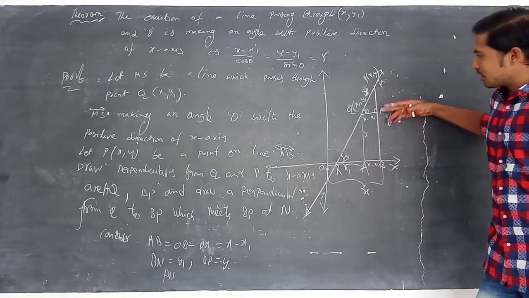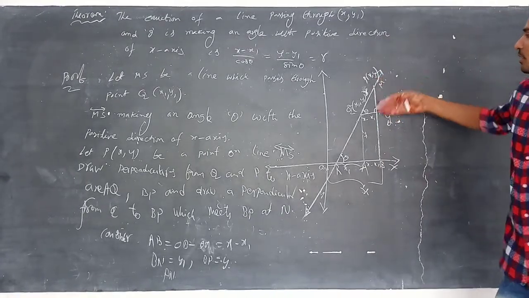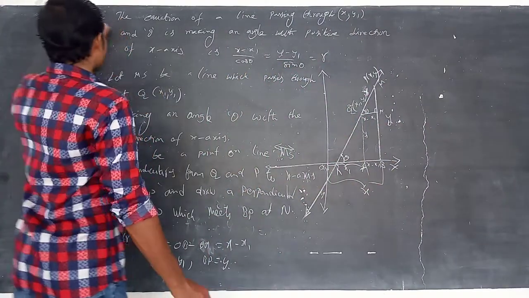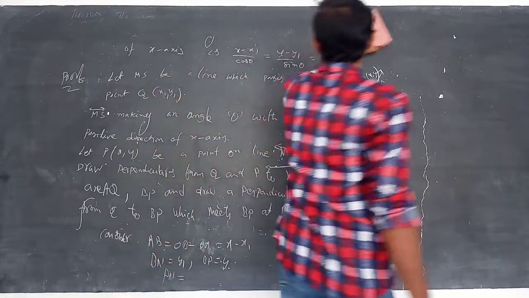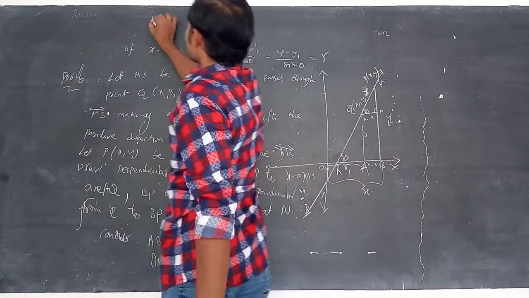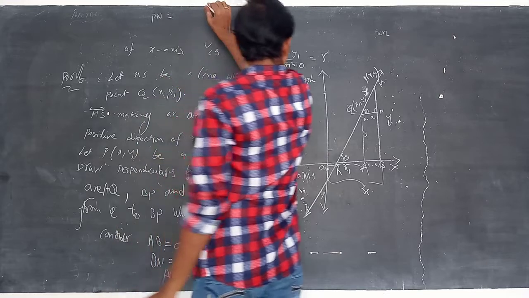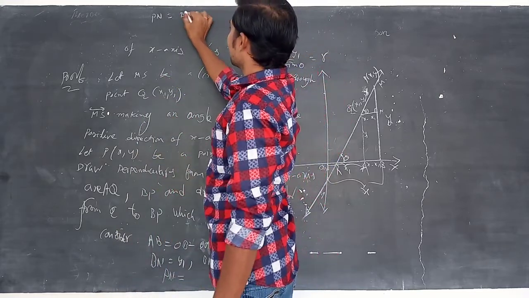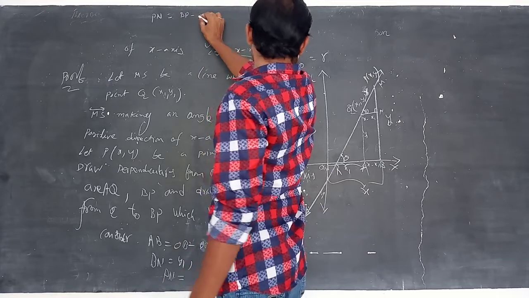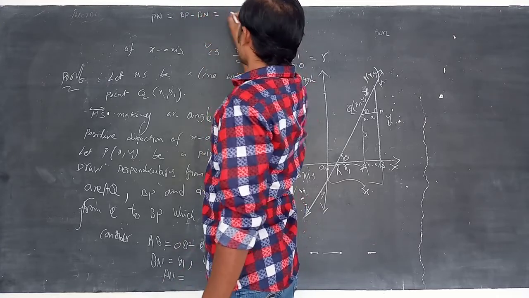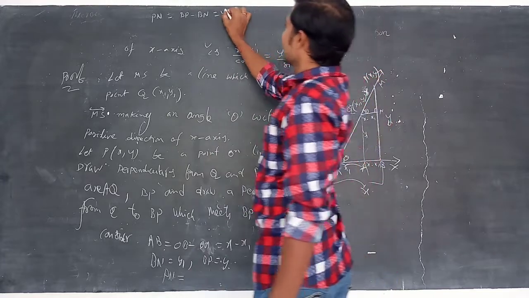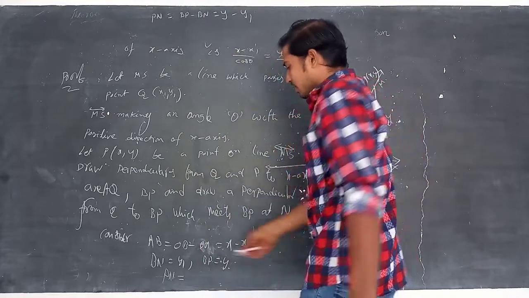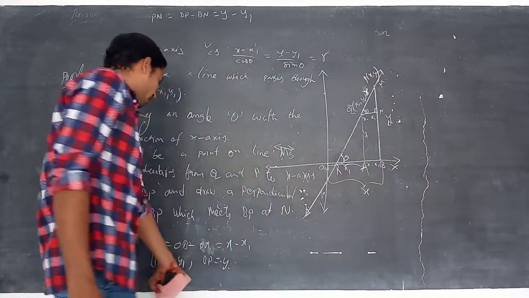Take BP and cut BN, then we can get the PN value. PN can be written as BP minus BN. What is BP here? BP is y. BN is y1.